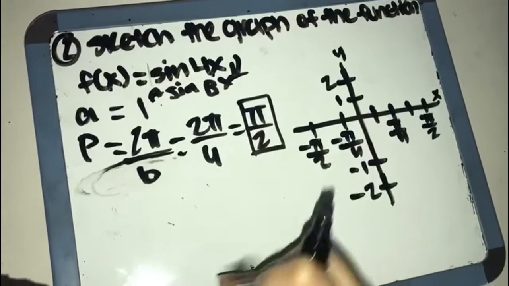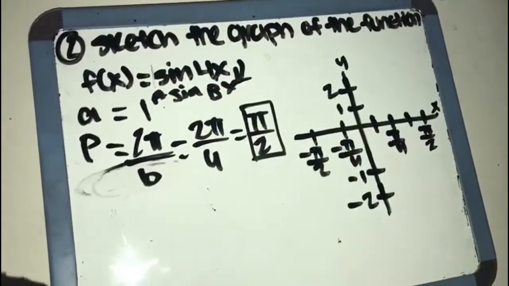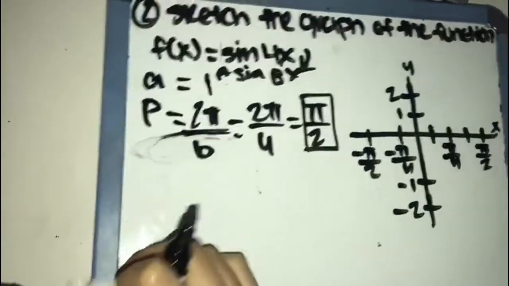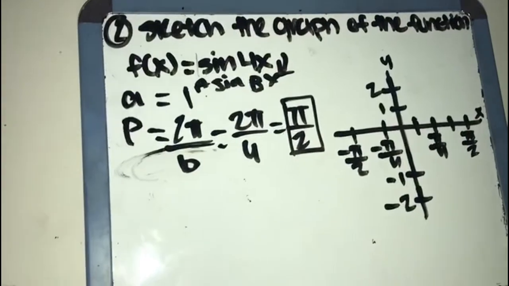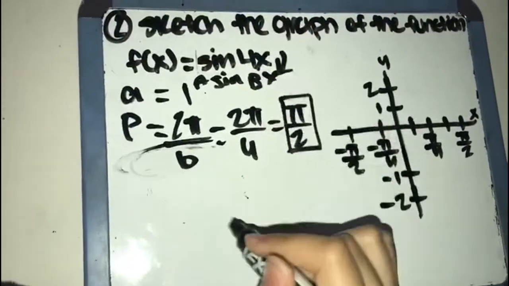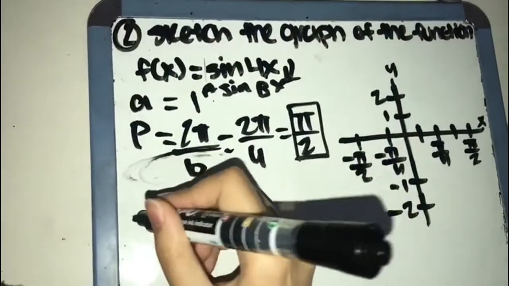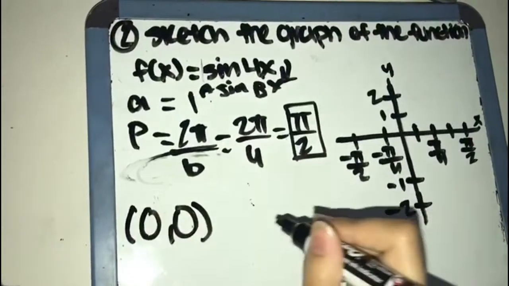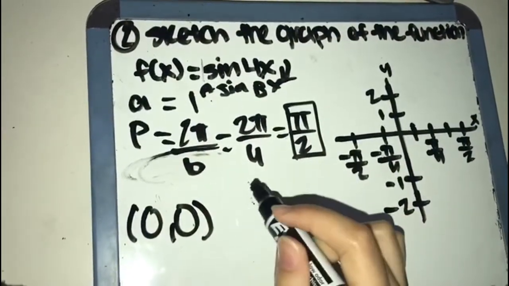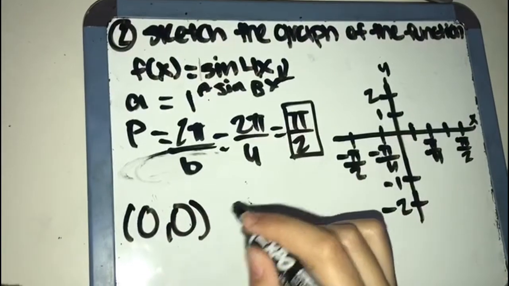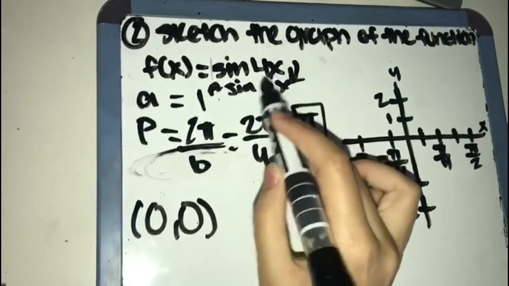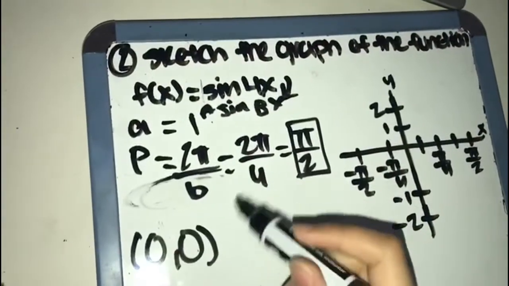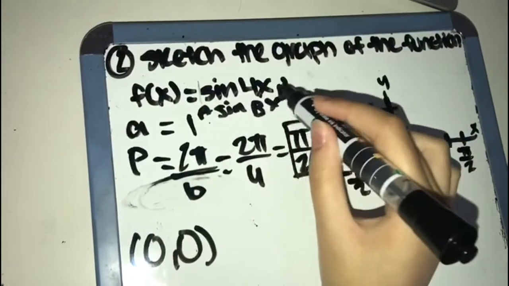Let me just do it without the table. So let's start with 0. When you replace x with 0, it'll be 0, right? Whatever you have for x, always substitute into sine 4x. For example, sine 0 is sine 4 times 0. So the first point is 0, 0.